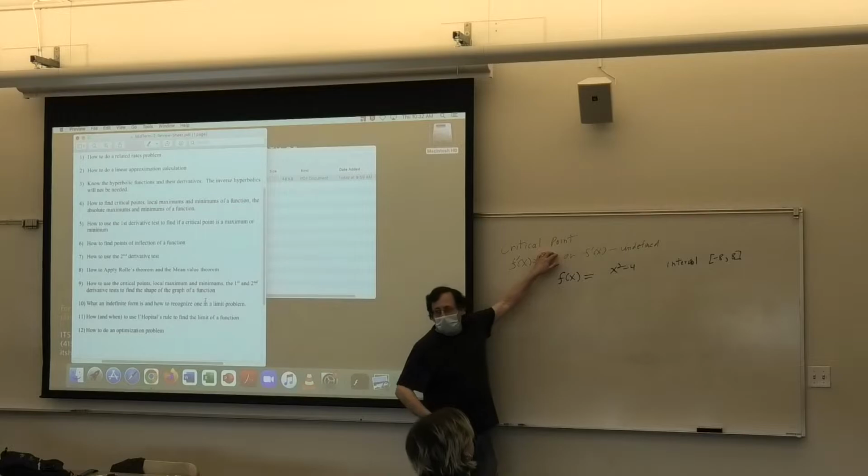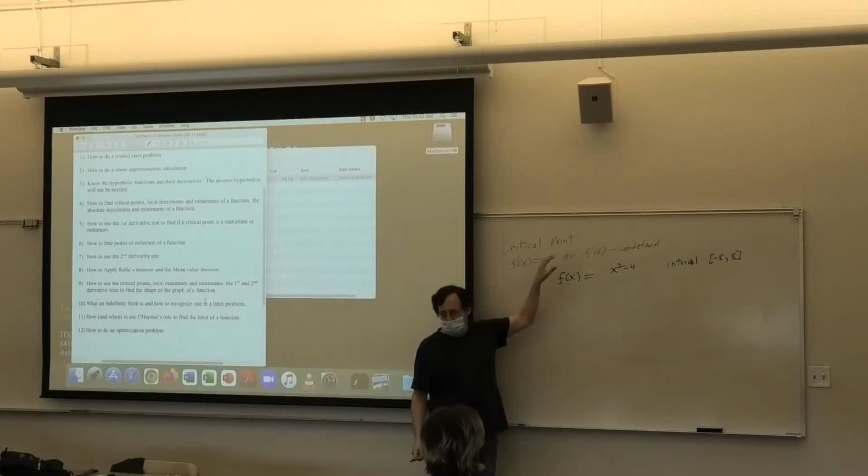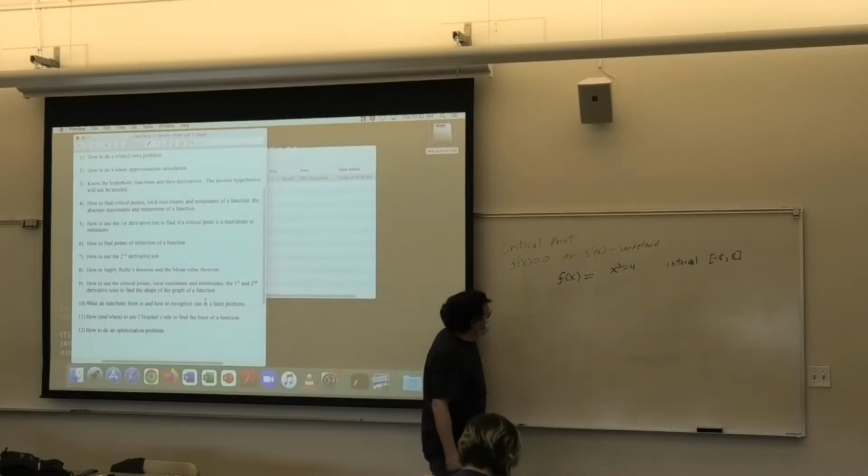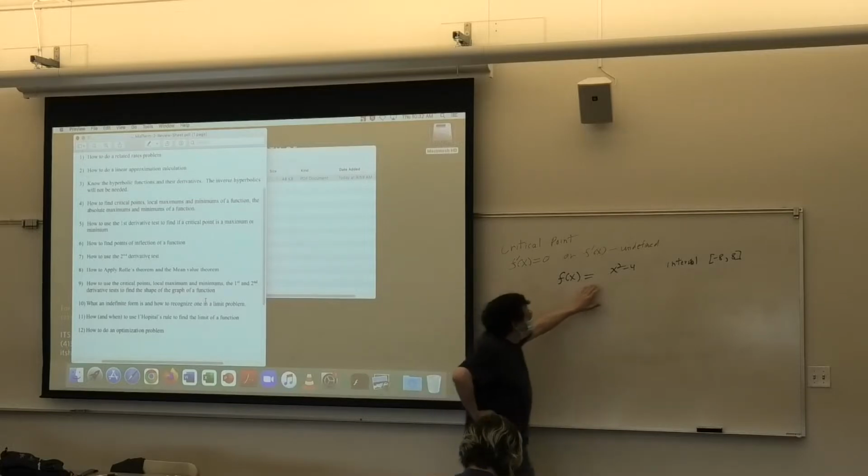Critical points are points where the function might have a maximum or minimum. And if it has a maximum or minimum, it might be the absolute maximum or minimum. So, what are the critical points of this function?